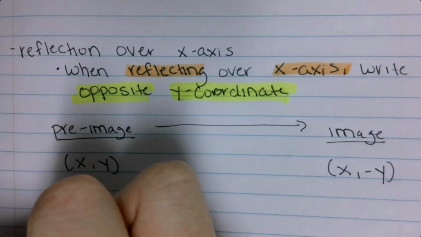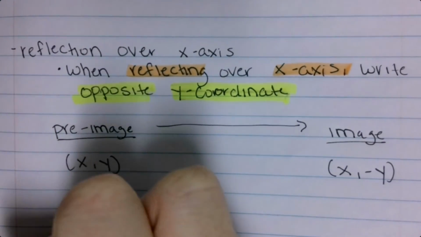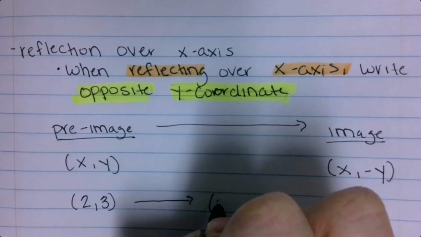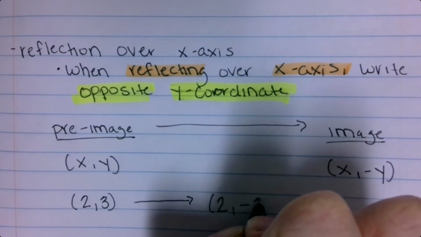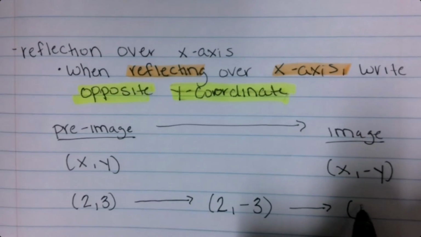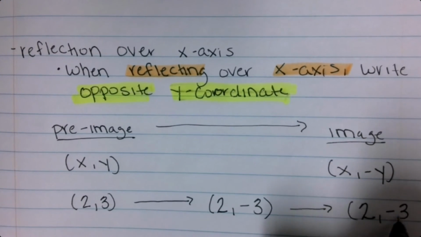So if I do examples, right, the point 2 comma 3, I'm going to do in the middle kind of my math here. This would be 2 comma negative 3, right, putting a negative on the y. So my final answer would be 2, negative 3.